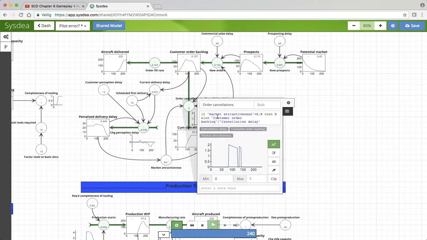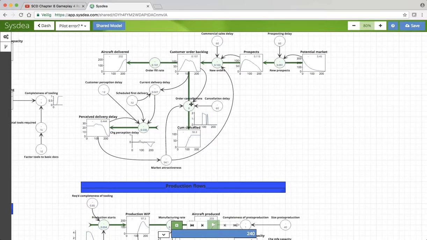The formula suggests a big outflow, but actually the cancellation delay by which this is divided is 60. So every month it's 1/60th of the total, some 3.5%, or every year it's 20% or so of the total value of the customer order backlog. So it's not so dramatic. It is more dramatic than it was in the real case, but still the point is clear. If you are not able to produce when you should, then you will get order cancellations.